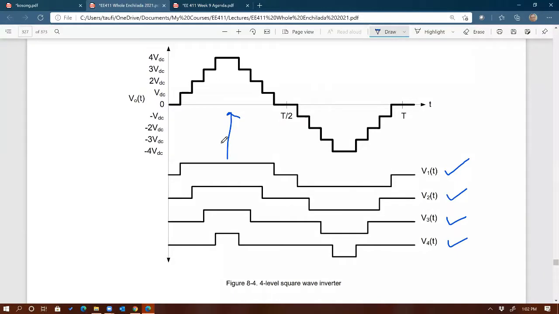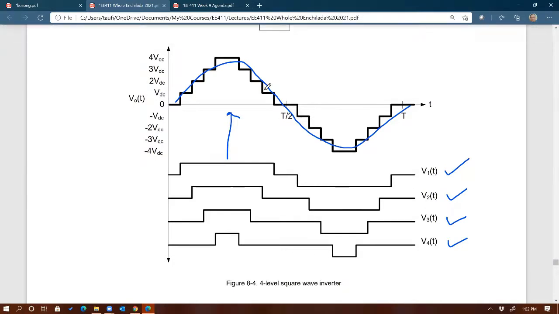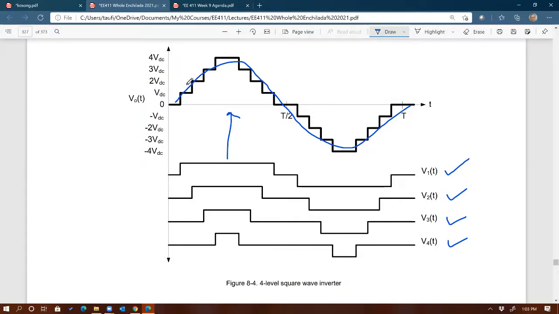Of course, I can always adjust the alphas. This one looks more like a triangle, but if I fine-tune the alphas, you can definitely get a more sine wave-like waveform. Hopefully it's clear to you that the more levels you have, and applying proper alphas, you get much better quality of the output voltage.